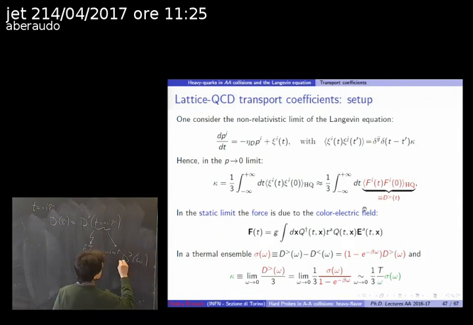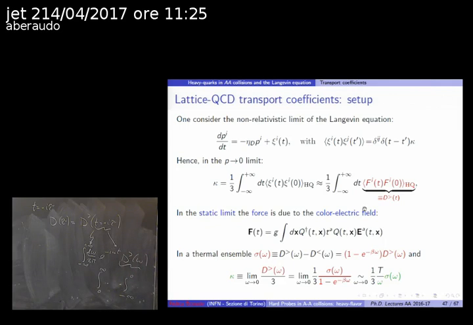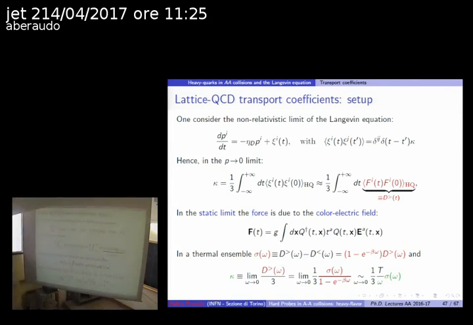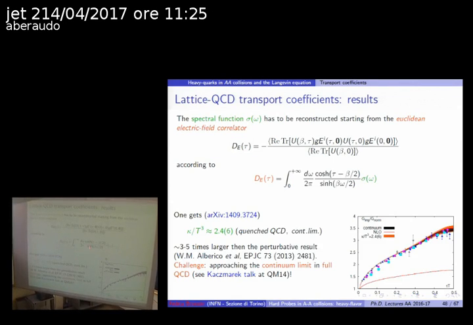Now the D greater of omega you express in terms of this spectral function, and then you split this integration from 0 to infinity and minus infinity to 0. You do some change of variables, and then exploiting this relation, you are left with this kernel. You can check that this is what you get.